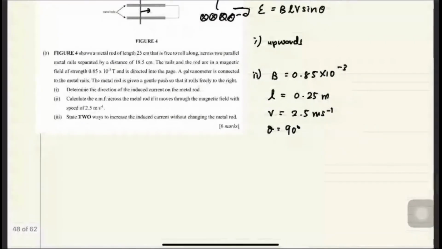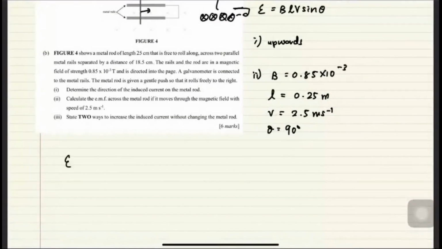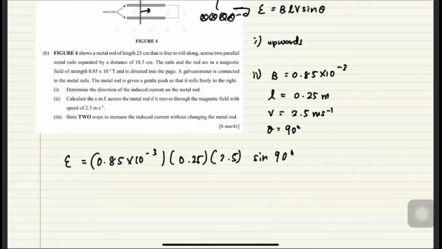So here, B is 0.85 times 10 to the negative 3, times 0.25, times 2.5, times sin 90 degrees. Sin 90 degrees is 1, so we are left with 2.5 times 0.25 times 0.85 times 10 to the negative 3, which gives 5.3 times 10 to the negative 4 volts.